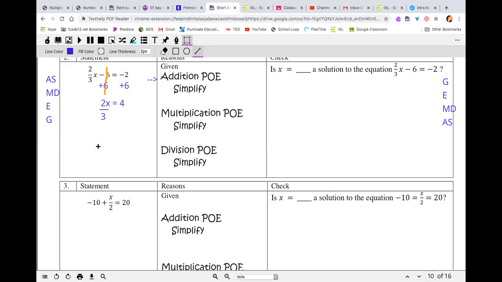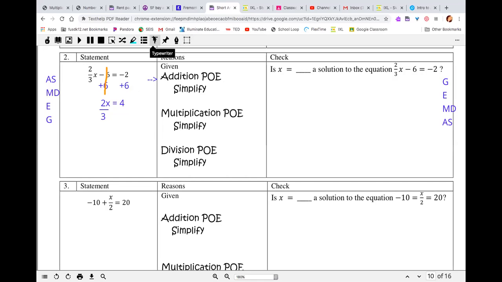Okay, what do I do next? Multiply 3 on both sides.